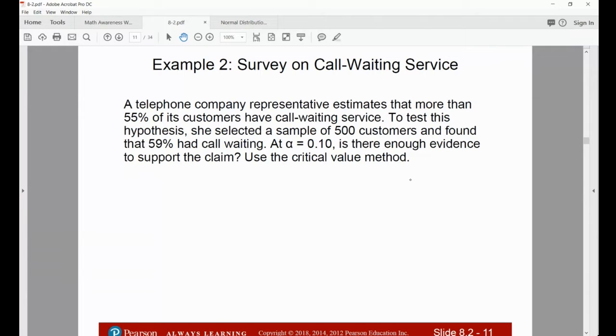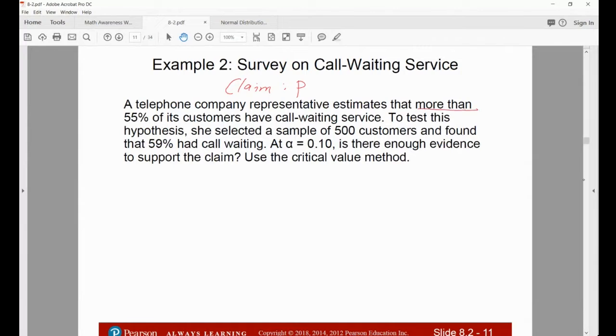So let's write the claim in symbolic form. What's the claim? That the proportion is what? The proportion of customers with call waiting service. Is it equal, not equal, greater than, less than?